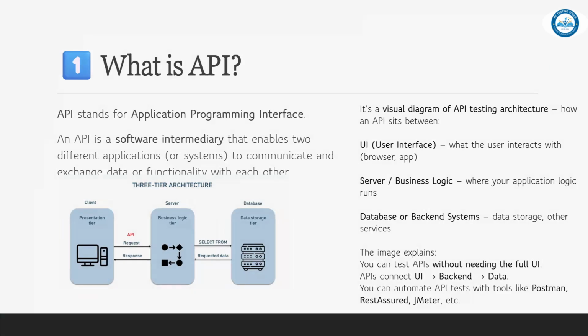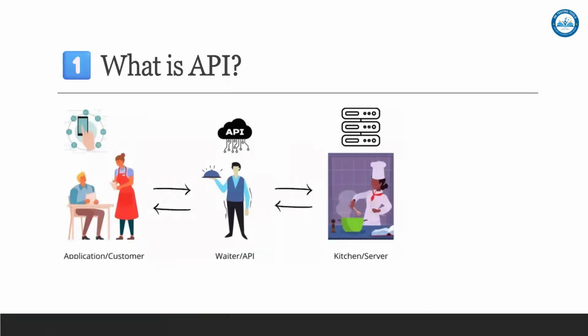If you want to understand in detail about API testing, we'll see a different example. Imagine you are in a restaurant. You're a customer, that means your application. You are ordering different types of food items to the waiter. Your order is in the form of a request.